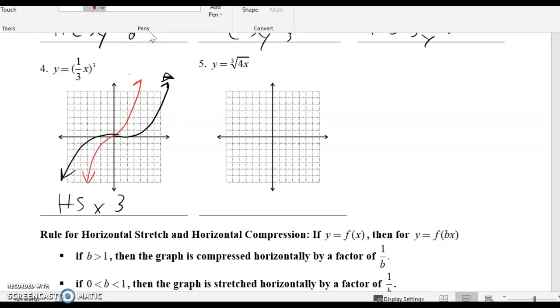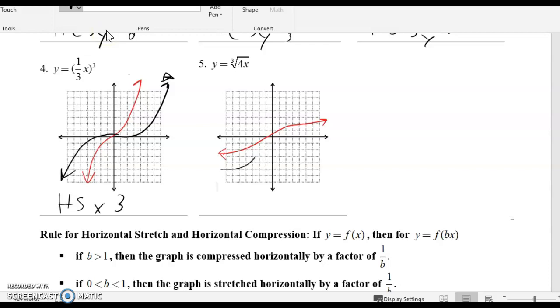Okay, last one, a cubic function looks like this. Oop. See if I can undo that. There we go. Cubic function kind of looks like this. It's bigger than 1, means it's going to be compressed horizontally. You are making the y value, you're multiplying by 4.